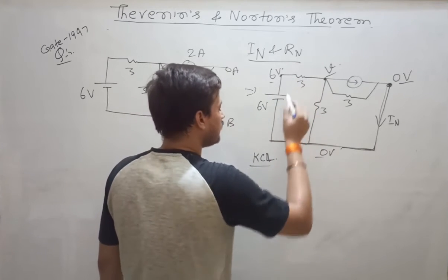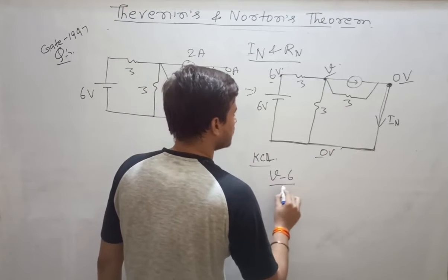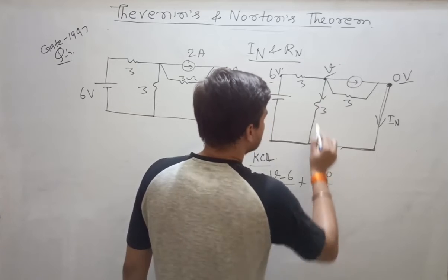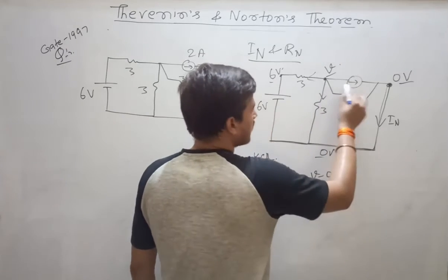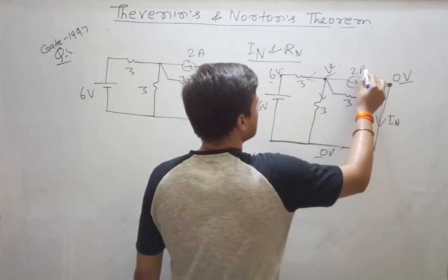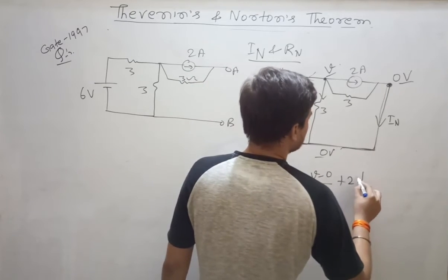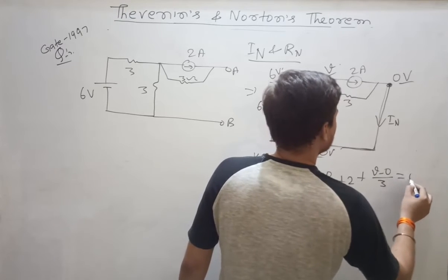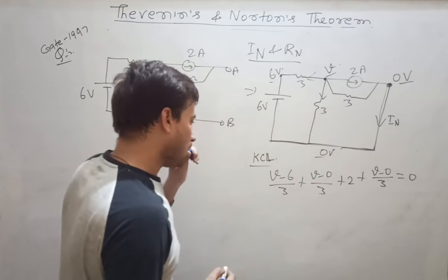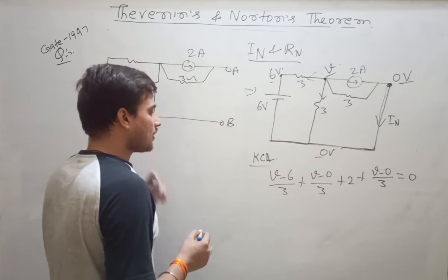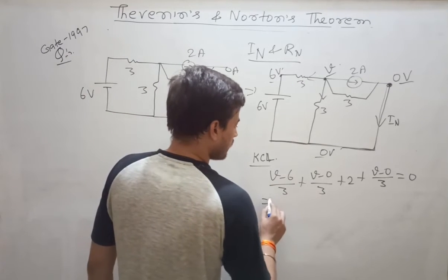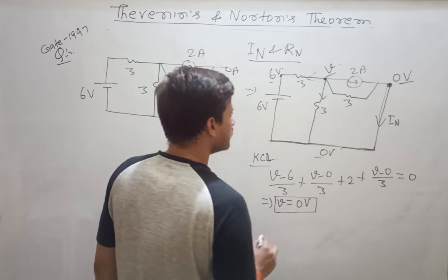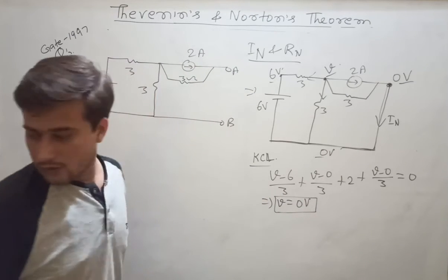So (V minus 6) by 3 plus (V minus 0) divided by 3 plus this current 2 ampere will be equal to 0. Clear? From here you will get V equal to 0 volt.